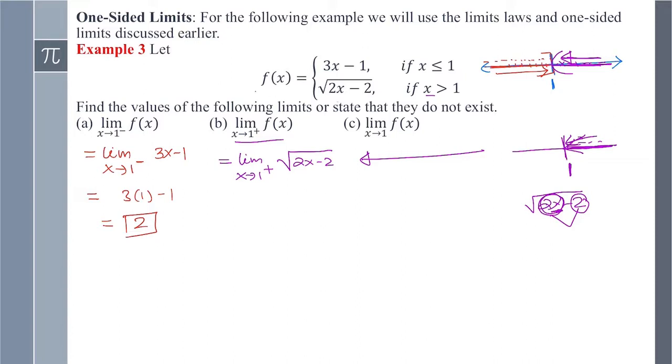The same limit, if this was x approaches 1 from the left, then we won't be able to plug it in and find the limit. When we are approaching 1 from the left, the x value is less than 1. It's very close to 1, but it's less than 1.